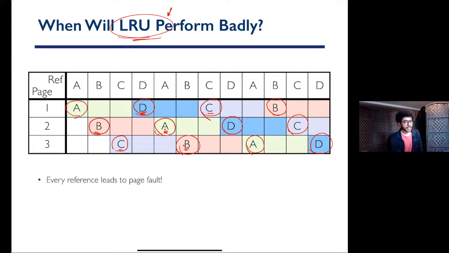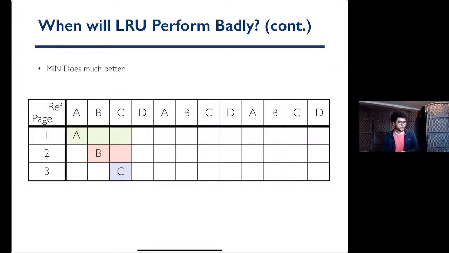So in this example, the page that was accessed furthest in the past is actually the page that is going to be accessed next, all the time. So this particular example is the worst case scenario for LRU. The optimal policy does a lot better for this example.